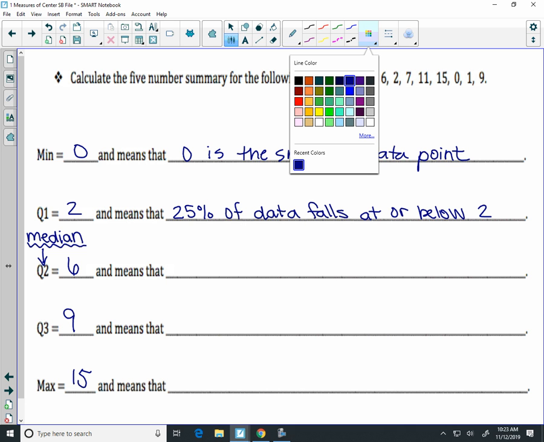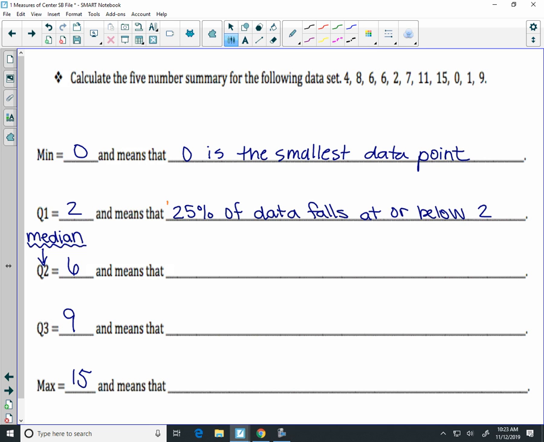The only thing that you're changing for these next 2 statements is this number right here and this number right here. Everything in between is going to be the same.